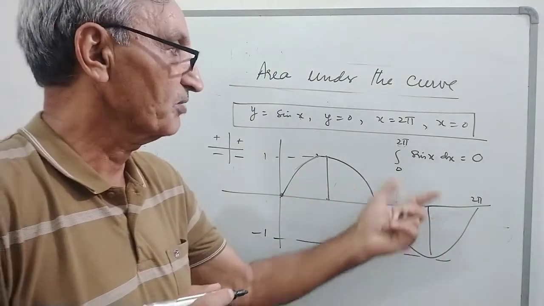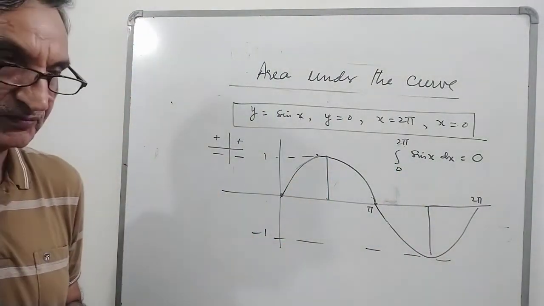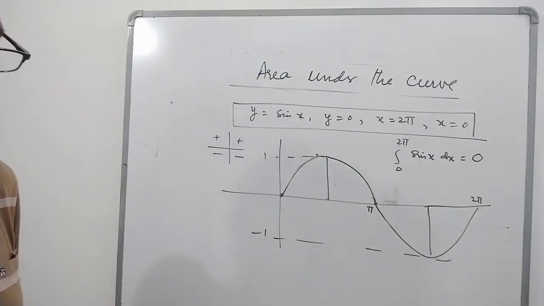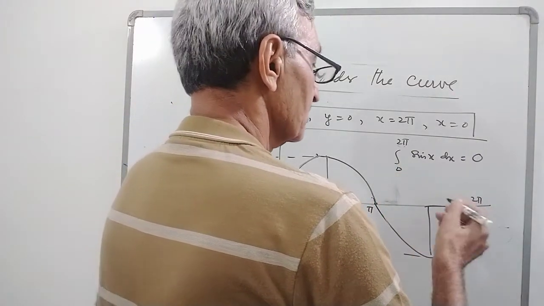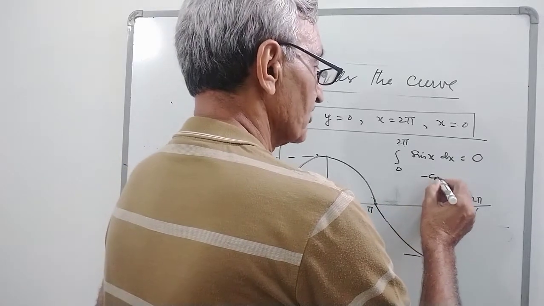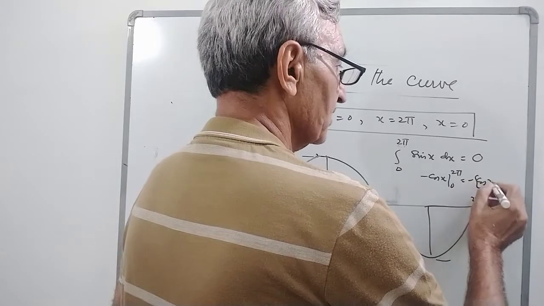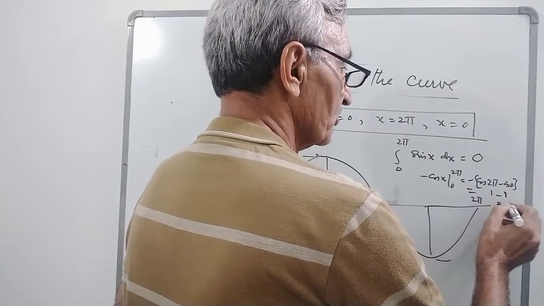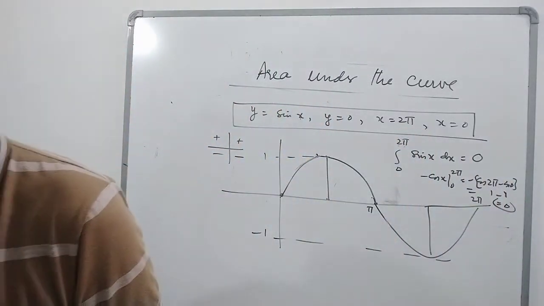This plus this will be 0. The integration of sin x is equal to minus cos x from 0 to 2 pi, which is minus cos 2 pi minus minus cos 0, equal to minus 1 plus 1, which is 0. So this is wrong. If you do it like this, it will result in a wrong answer.